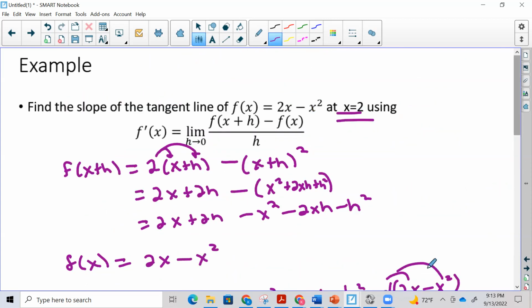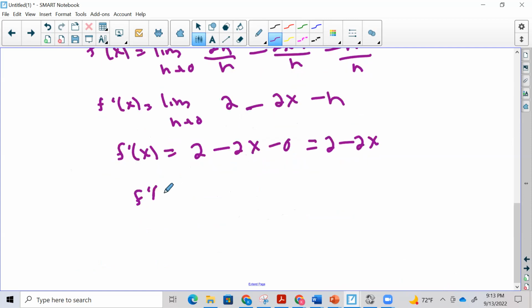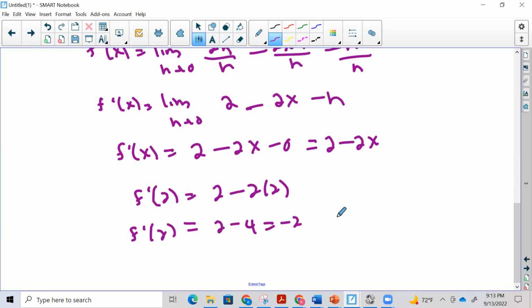So I am going to plug in 2 for x to get the slope at that actual point. So I get 2 minus 4, which is -2. And so this is the slope of the tangent line at x equals 2.